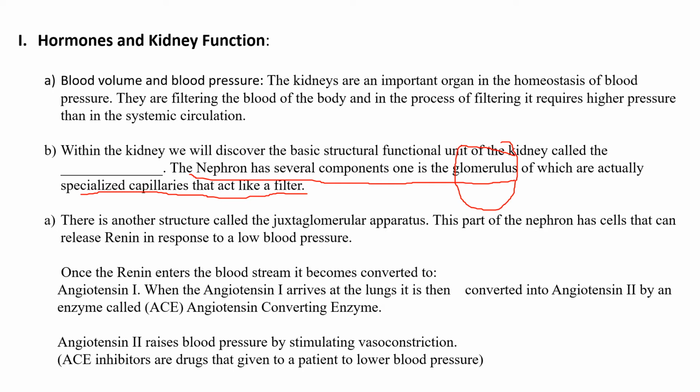And then as the blood is coming into that glomerulus, which is in a cup, there's a juxtaglomerular apparatus, which is made up of cells. This is the part of the nephron that has cells that can release renin in response to low blood pressure. Also, there are cells within there that can release EPO.